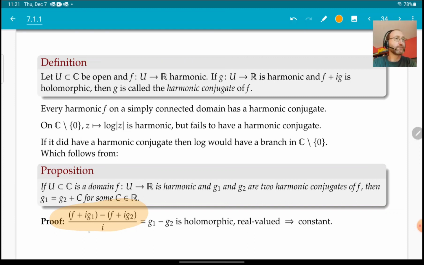If I subtract those two and divide by i, I will get g1 minus g2. Now that's real valued, because g1 and g2 are real valued. But this thing is holomorphic, because it's just the difference of two holomorphic functions divided by i. So you have a holomorphic function that's real valued. That means it has to be constant, right? So that's the C. All right.